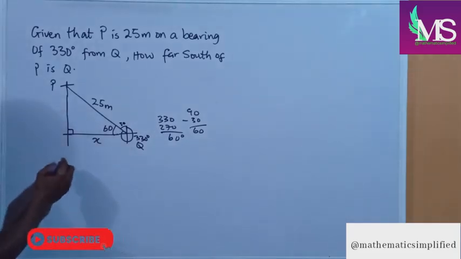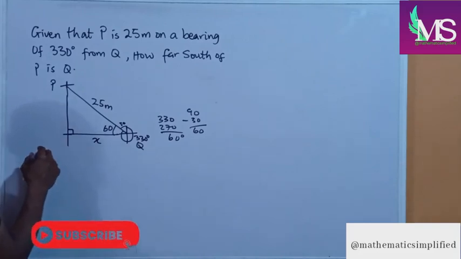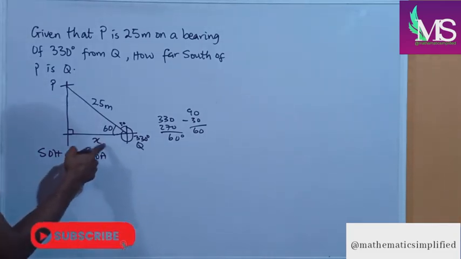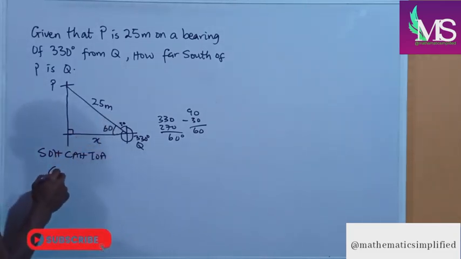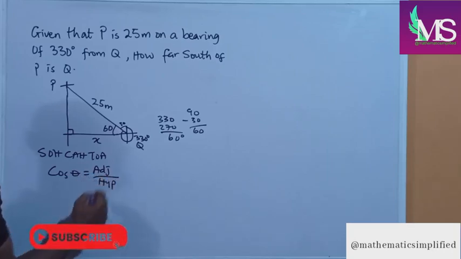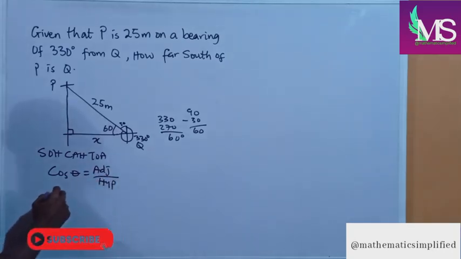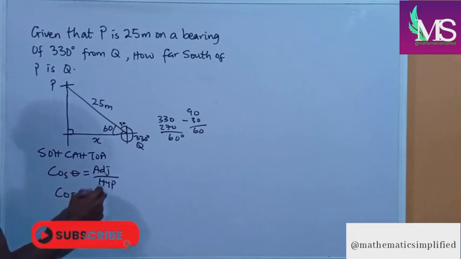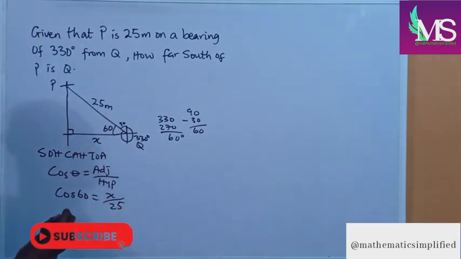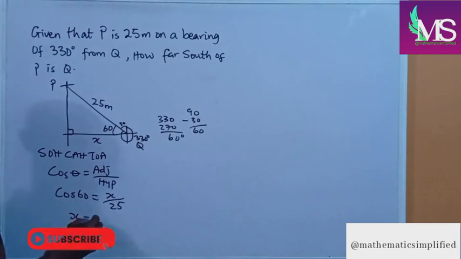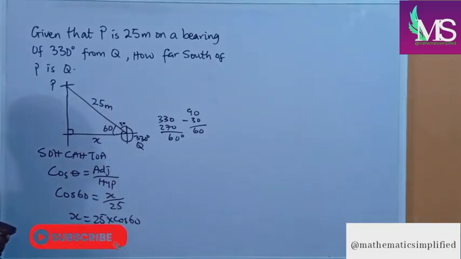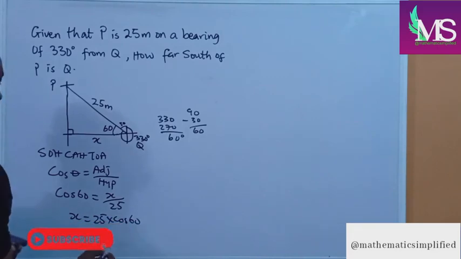So from here, we can now find x, knowing that we have SOHCAHTOA as adjacent over hypotenuse. So this becomes cos theta equals adjacent over hypotenuse, right? So we have our theta is 60 degrees. This becomes cos 60 equals adjacent x, hypotenuse is 25. So our x will become 25 times cos 60, and cos 60 is 0.5.